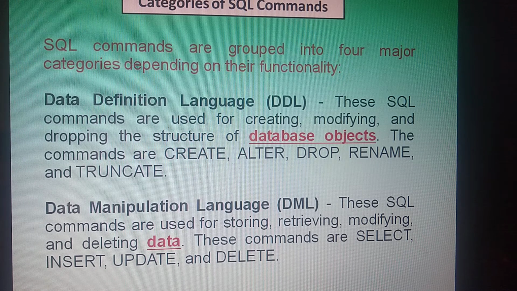You are doing modification or creating or removing the database object. All these commands come inside DDL, data definition language. Some of the examples are create, alter, drop, truncate, rename.